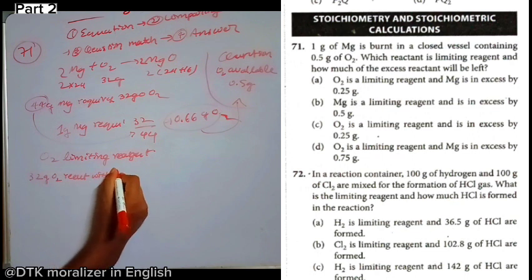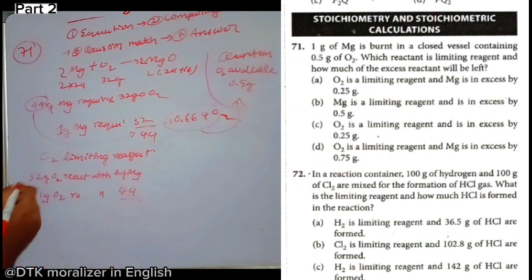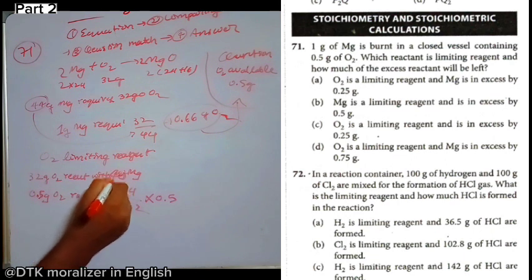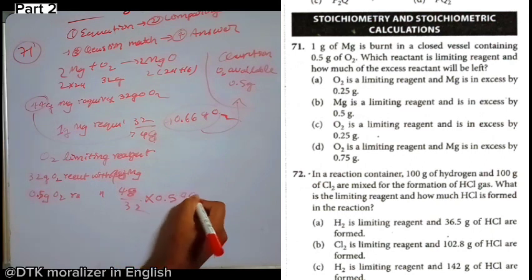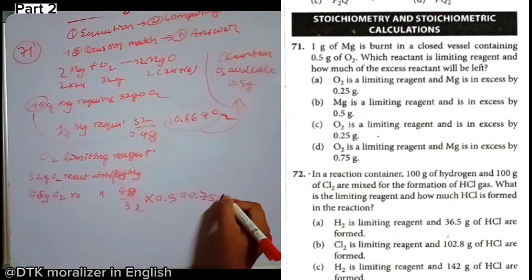Now 32 grams of oxygen react with 44 grams of magnesium. Now 1 gram of oxygen requires 44 by 32, for 0.5 gram multiply by 0.5. As you multiply with this, you get the answer.